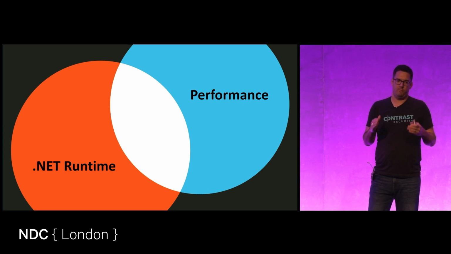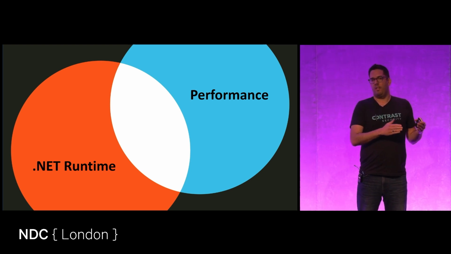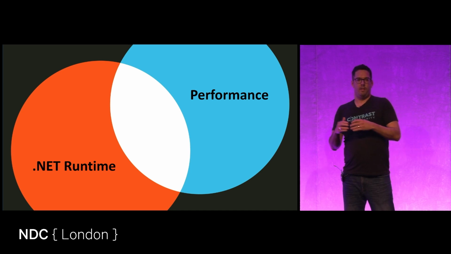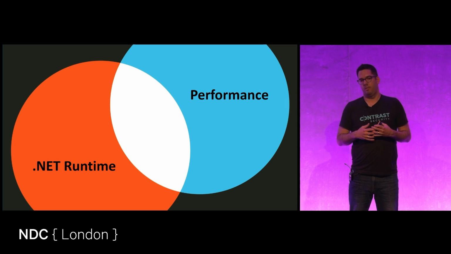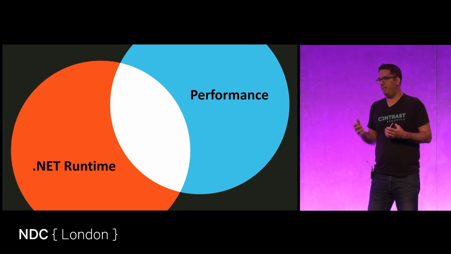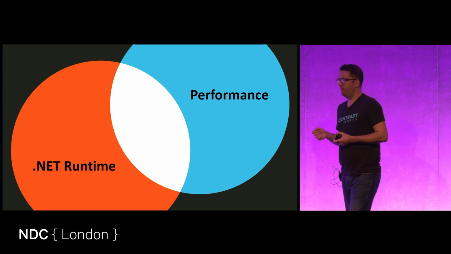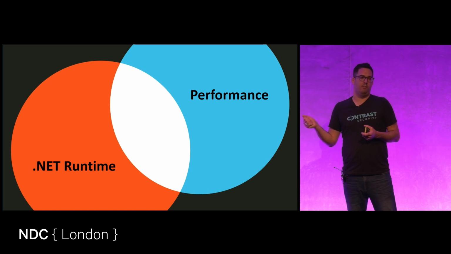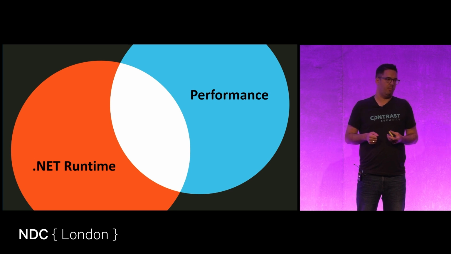So to give a bit of focus, I'm just trying to do the intersection of some things that are going on in the runtime that are designed or written or implemented in a way that gives us performance. So we get to use the runtime, we write our code, and there's a lot of things that happen so that it's not just a naive way. There's a lot of work that's gone in to make things that we would expect, to be fair, from a runtime, to be quick, but there's a lot of work to make that happen, and we'll talk about those.